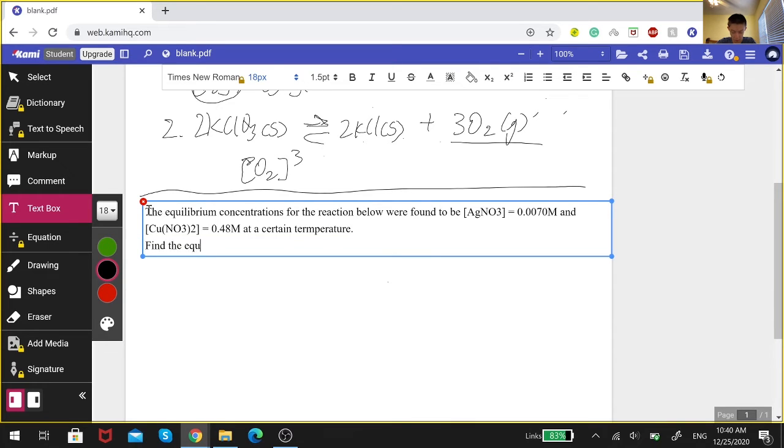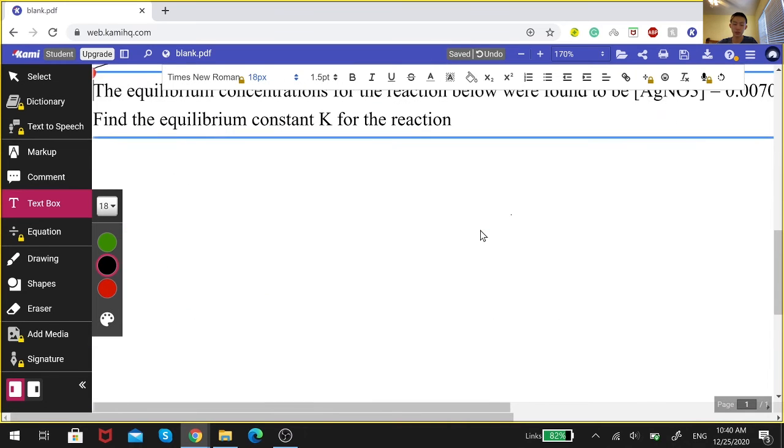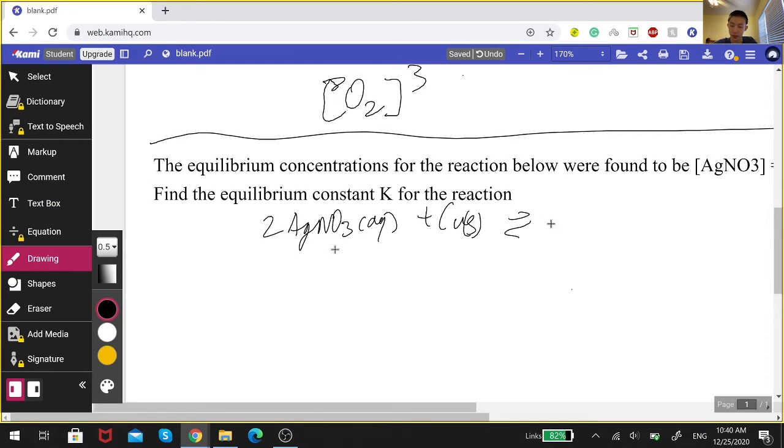Find the equilibrium constant K for the reaction. And the equation we're given here is 2AgNO3 aqueous plus Cu solid makes Cu(NO3)2 aqueous plus 2Ag solid.